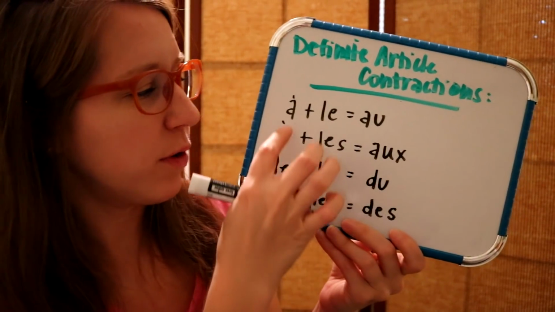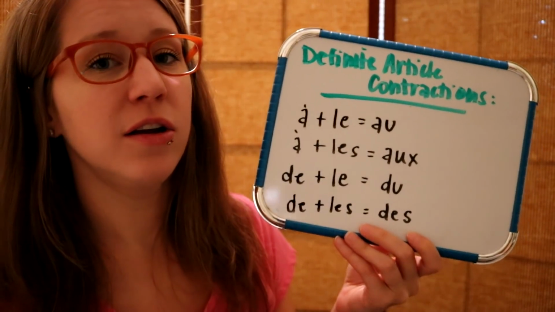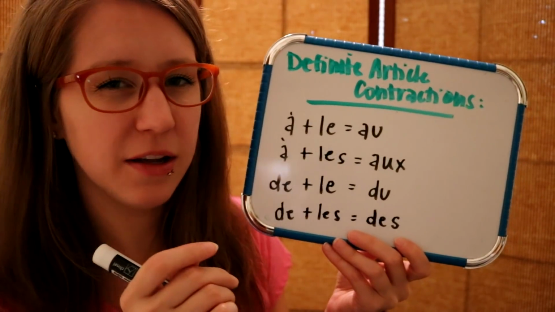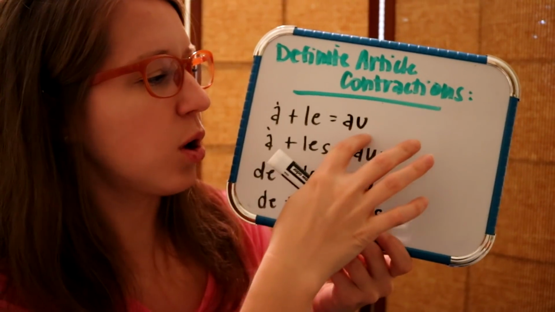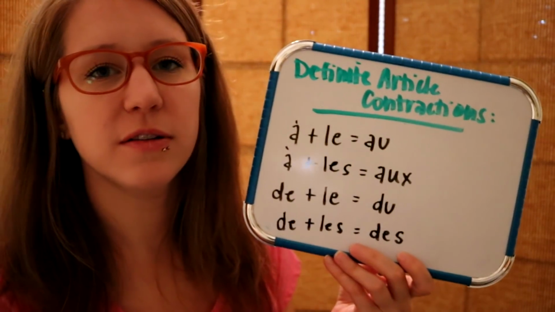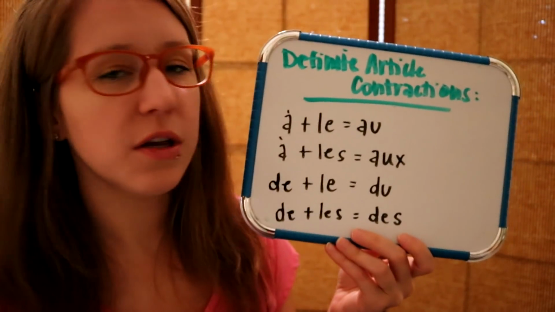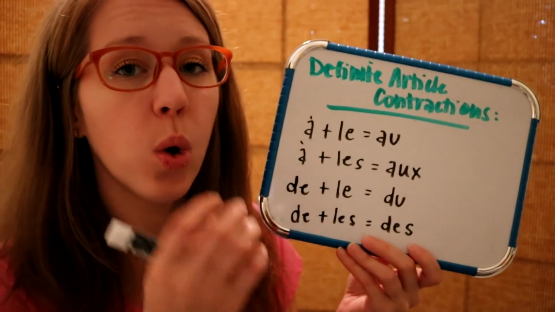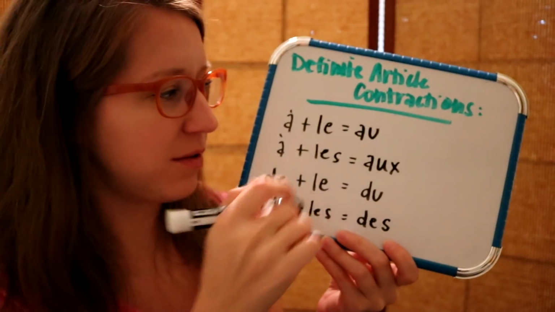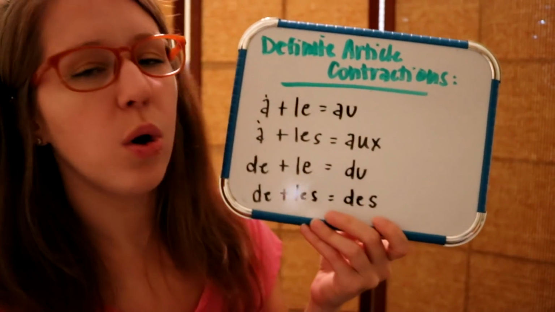So when you're saying I'm going to the whatever, instead of saying a, le, and having that weird pause in between, it just becomes o. And remember, au sounds like o. So you say, I am going au marché. I'm going to the is what this means, to the. But it becomes o.